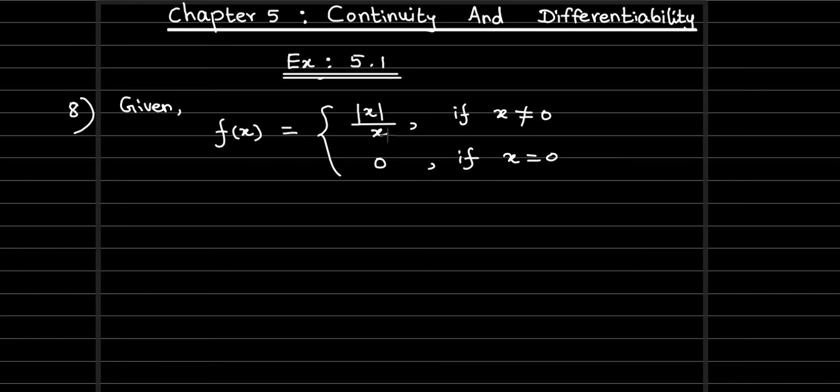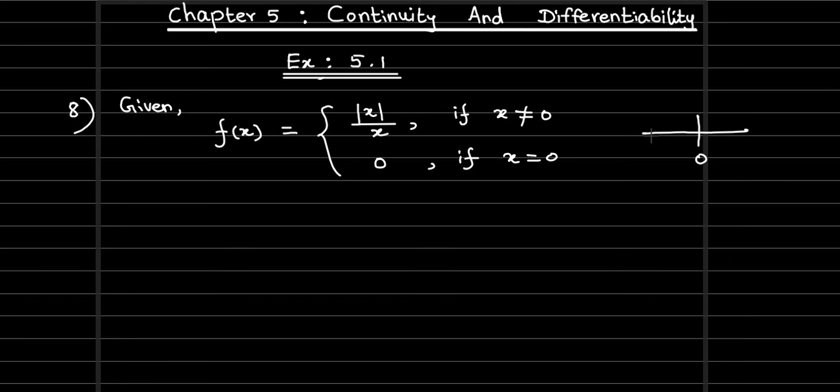Since we have a modulus function, we have to redefine the function. And what is the condition given if x is not equal to 0? See, when we have a real line, if x is less than 0, it's not equal to 0. Smaller values than 0 are also not equal to 0. Greater than 0 is also not equal to 0.